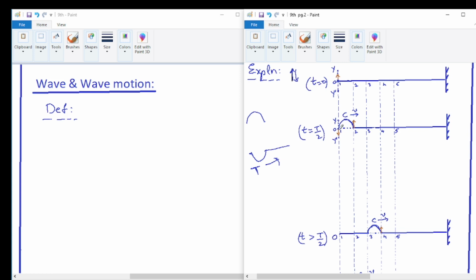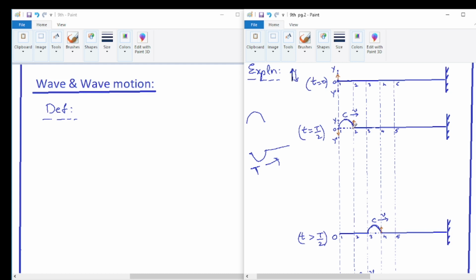Every particle which is actually vibrating, starting from the first particle which is given only the upper half of the vibration, transmits exactly the same upper half of the vibration to the next particle. The next particle transmits the same upper half of the vibration to the next particle. This will continue till the other end. It can be understood like this from this diagram very easily.